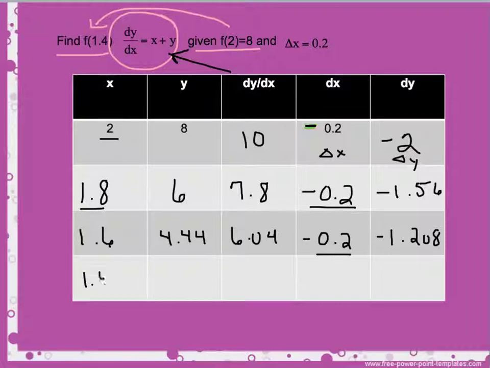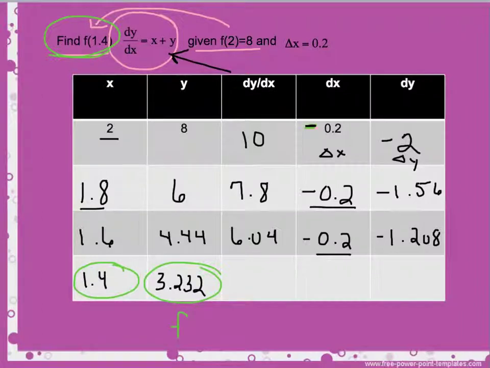I'm at 1.4, and then take 4.44 and subtract 1.208, and I'm at 3.232. And again, I can stop because I wanted f of 1.4. I'm at 1.4 and there's the y value. So my approximation for f of 1.4 is that it's 3.232.